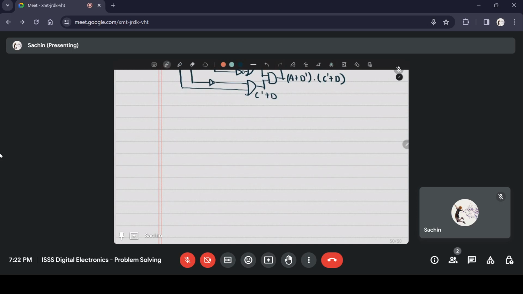Go to question 2.24. Show that the dual of the exclusive OR is equal to its complement.